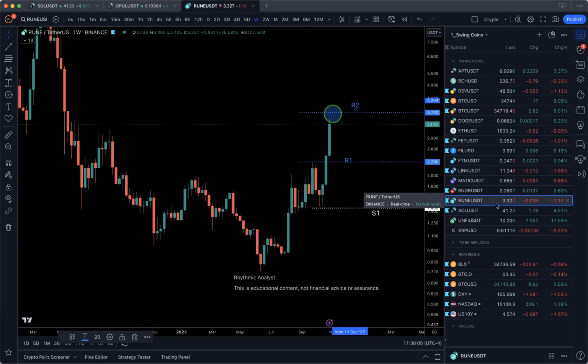And why are this resistance and supports created? That's where the tussle is. Okay, let me explain a little bit. Basically, resistance and support are the area or zone where buyer and seller fight. Simple. The buyer says, I want to go up. The seller says, no, you cannot, I'm selling it.